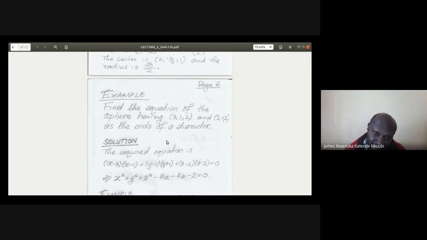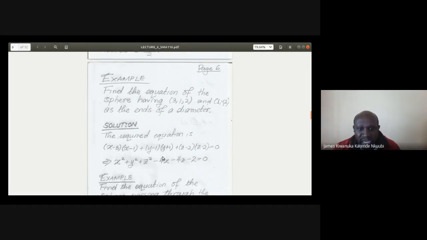Then you can also find the radius. The radius is just half of the length of the diameter. You can find the length of the diameter. And once you have those 2 points, again, you can solve this problem. So you can use this formula, or you can do it the other way I mentioned. So is there anyone who has not understood this?